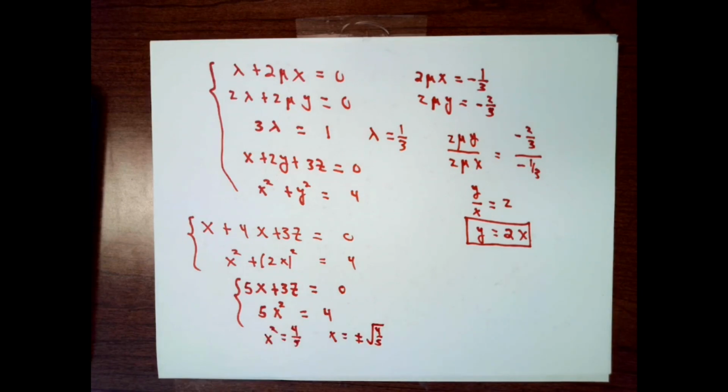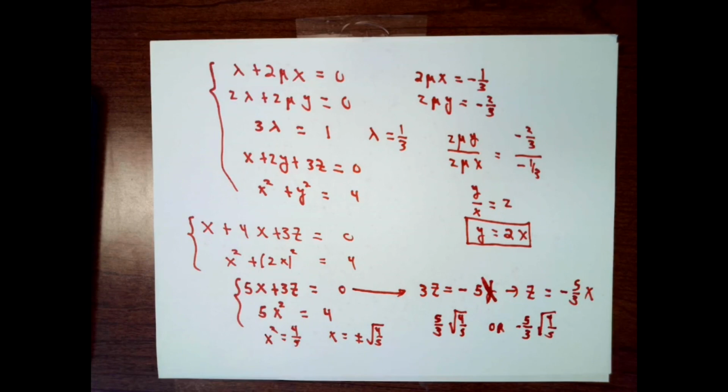The x coordinate of any spots that I'm interested in that might be high or low spots are x equals radical 4/5 or x equals negative radical 4/5. But from the first equation, the z coordinates have to be negative 5/3 times whatever the x coordinates are.